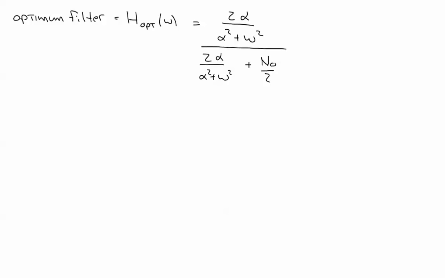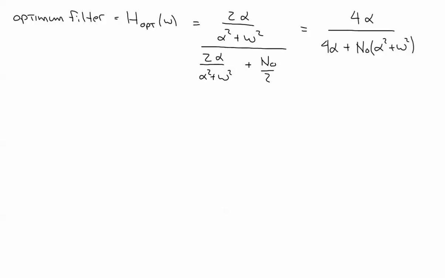And you can simplify this to find it to be 4 alpha over 4 alpha plus N naught times alpha squared plus omega squared.